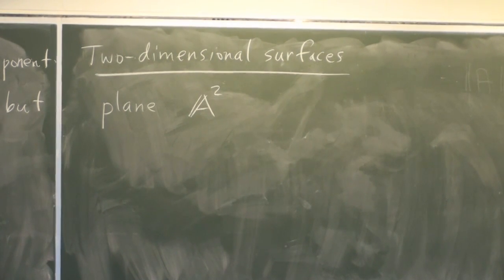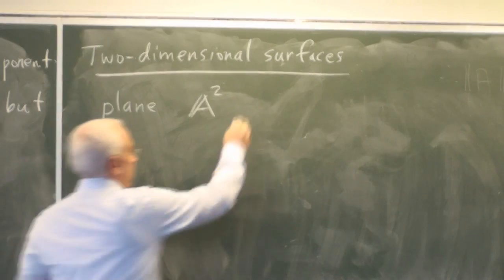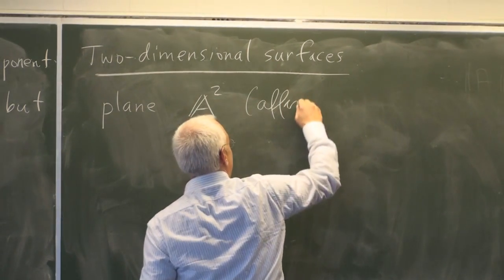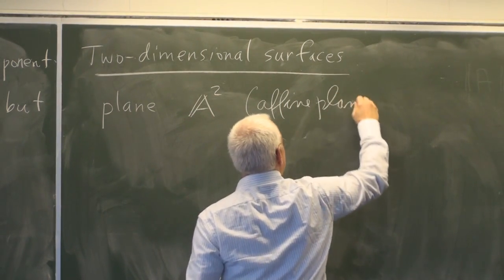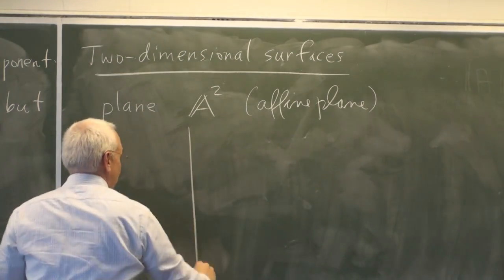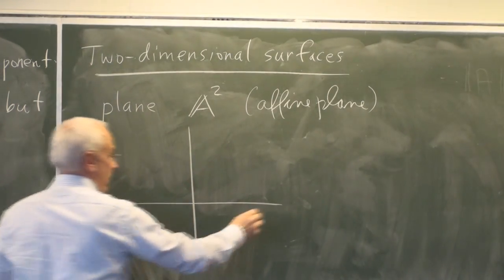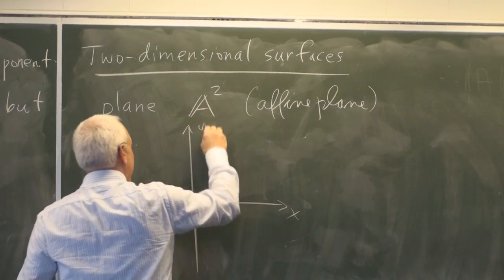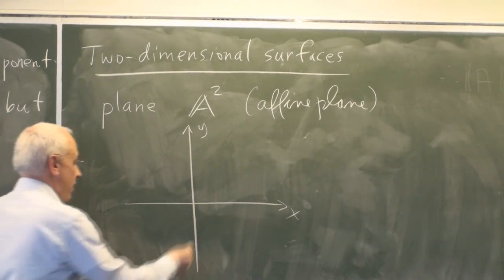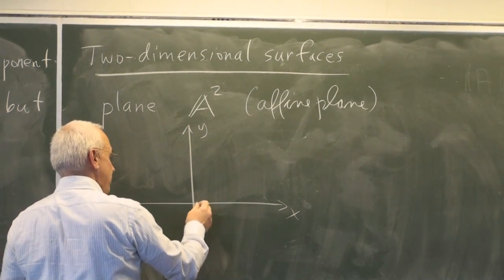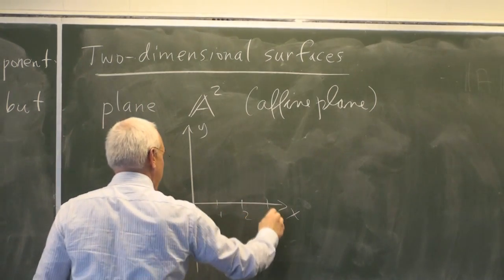I'll say A2 instead, and we sometimes call it the affine plane. And we often draw it, to be specific, with coordinates. The coordinate system is rather arbitrary, but X and Y is natural, and the usual labeling.